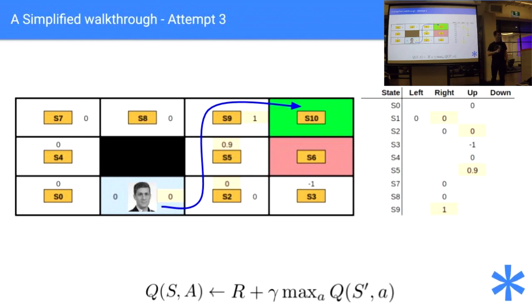The question is, how do you decide the discount factor? It is definitely up to you. Mathematically, the discount factor that you use has an impact on how far it propagates back.